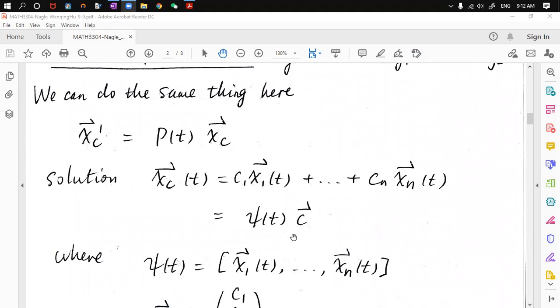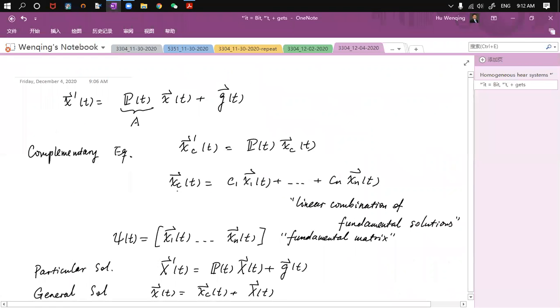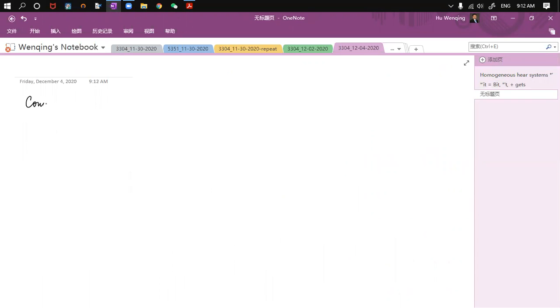What happens here is let's look at the complementary solution. The complementary solution is going to take the form xc of t is equal to c1 x1 of t plus dot dot dot plus cn xn of t, right?